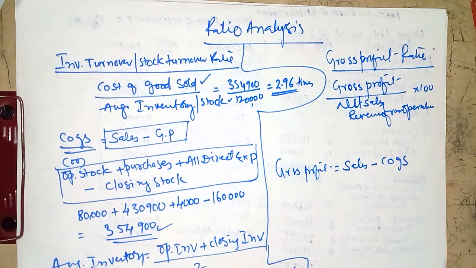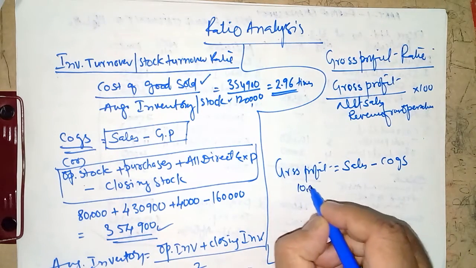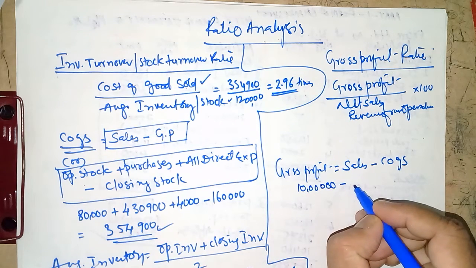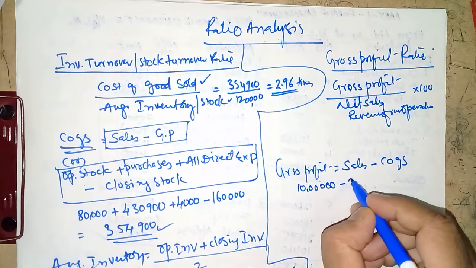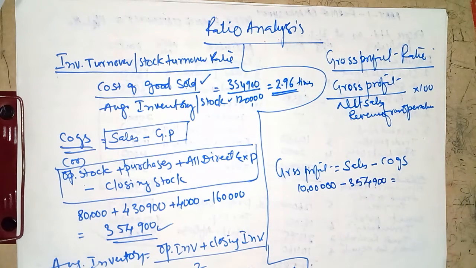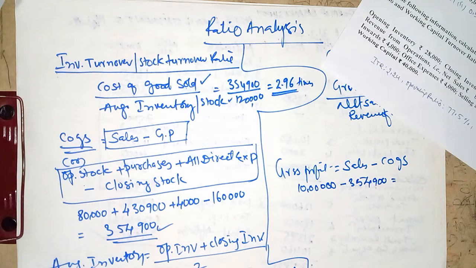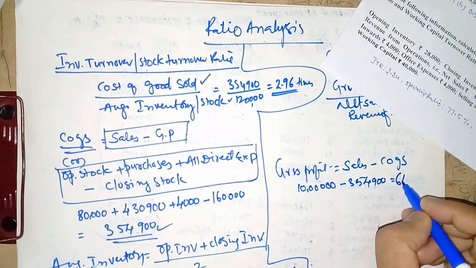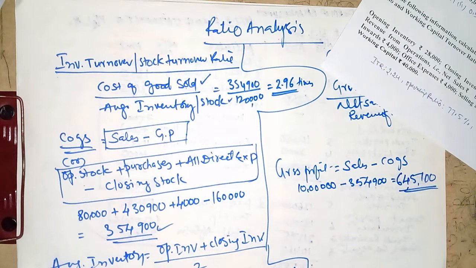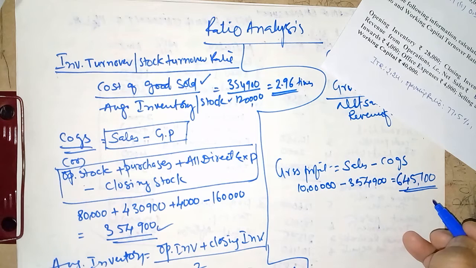Once you apply the formula, 10 lakhs minus COGS, which comes to 3,54,900. Deduct it: 10 lakhs minus 3,54,900 is equal to 6,45,100. This is what we call gross profit, right?